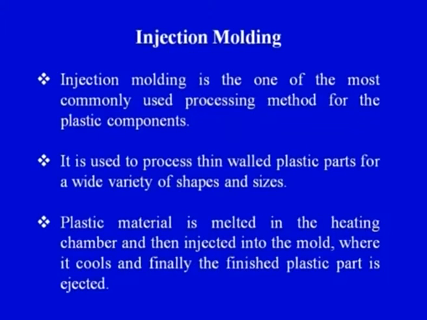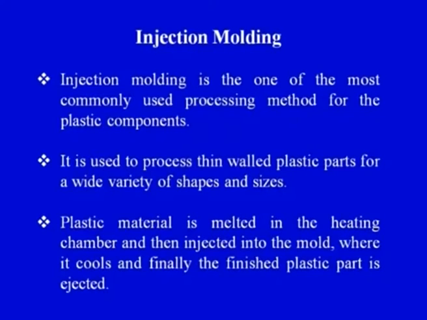Injection molding is one of the most commonly used processing methods for plastic components. It is a fully automatic process, and the raw material is converted into the final product. The shape and size of the final product depend upon the mold or the die which is used in the injection molding process.